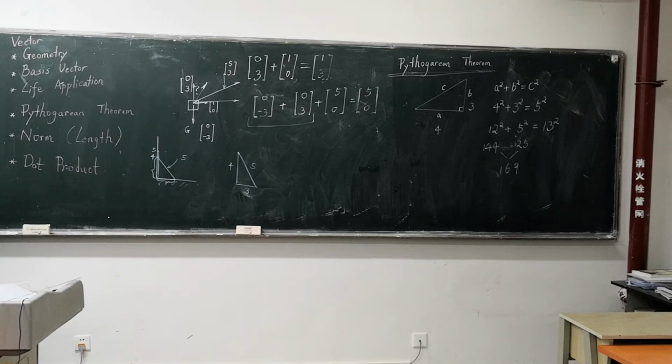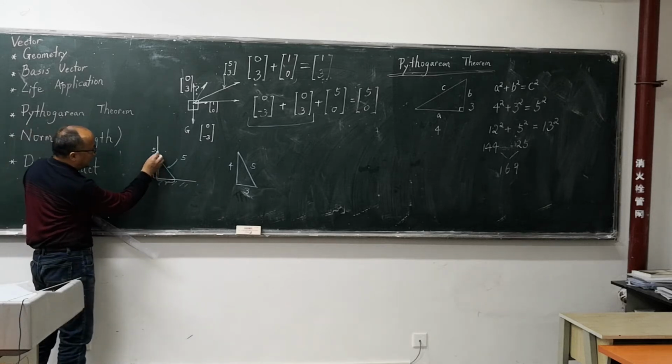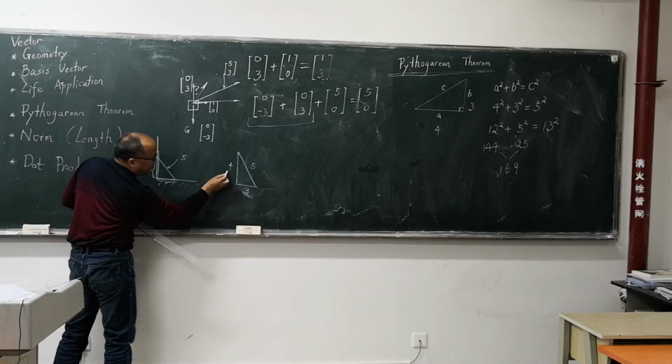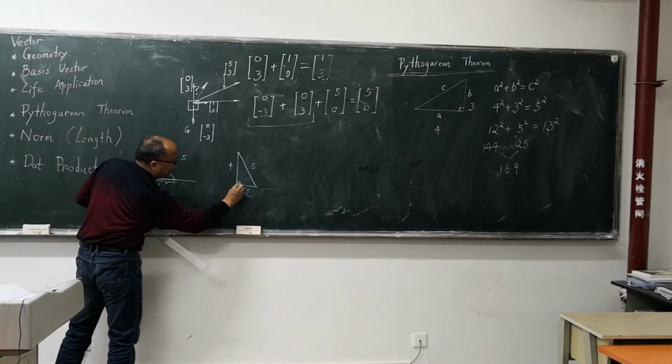My feet to the wall, what's the distance? It's 3. I told you, 3. This is me. 5, 4, 3.